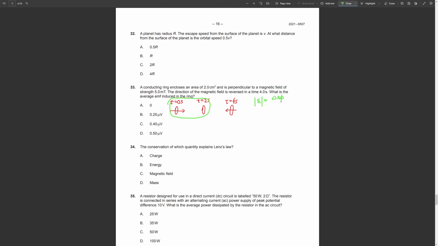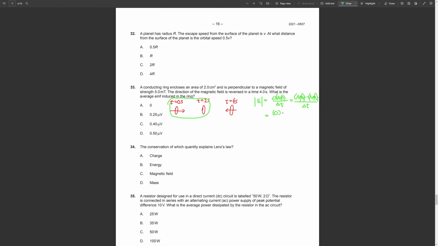Change in its flux linkage divided by its time taken, which means we should take its final flux linkage minus the initial flux linkage divided by its time. The final magnetic flux linkage is 0 because at time equals 2 seconds, there is no magnetic field.